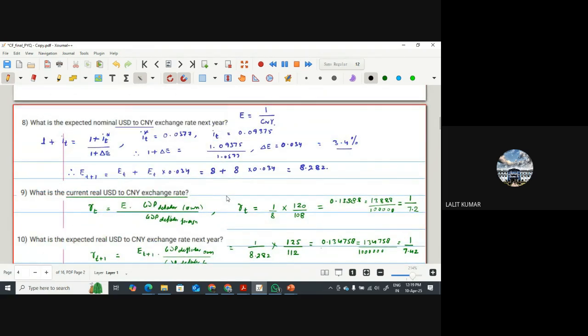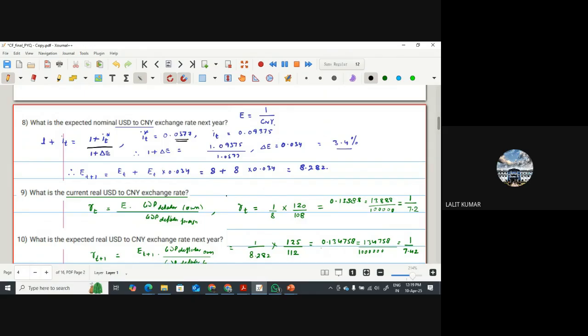Now we come to that. What is the expected nominal rate? So for the expected nominal rate, okay, we know that 1 plus IT is equal to 1 plus IT star divided by 1 plus delta E. So IT star we already have from the previous question, which was 0.0577. And this is USD to China.